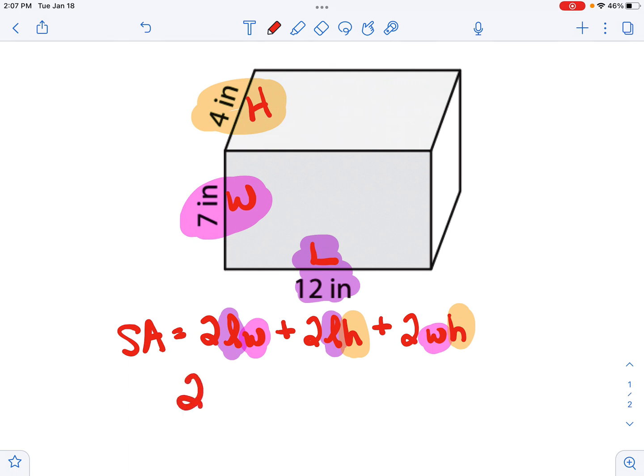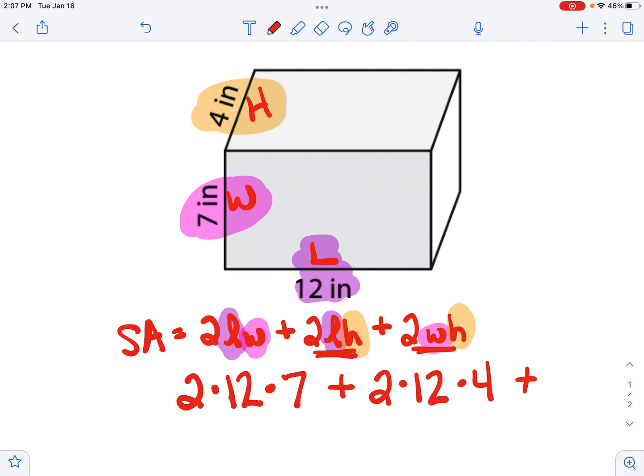So 2, remember that a number next to a variable means multiply, times L, which was 12, and W, in our case, is 7. Plus, now let's go to the next part of our formula: 2 times L is 12 and H is 4.